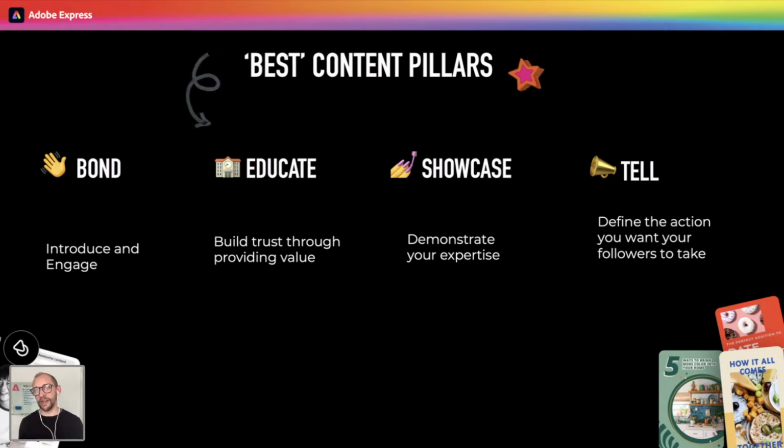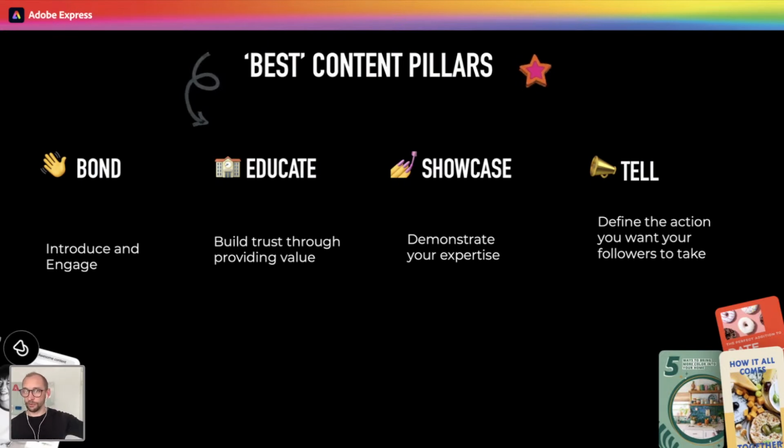But the point is that I see lots of people starting with this final pillar, this more selling orientated one, the tell pillar on the right hand side, without putting the groundwork in place with the other pillars of bond, educate, and showcase, particularly bond and educate. As I said, content should all be audience first.